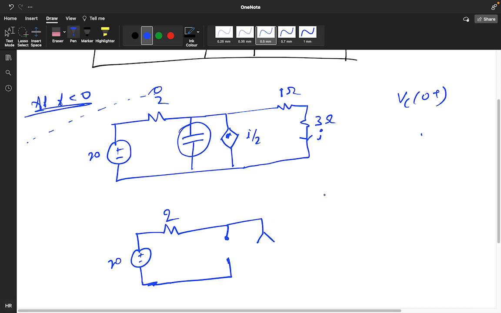Yeah, means see what I am telling now. See, your circuit is operating from minus infinite to infinite time. Okay, so minus infinite to infinite time now.